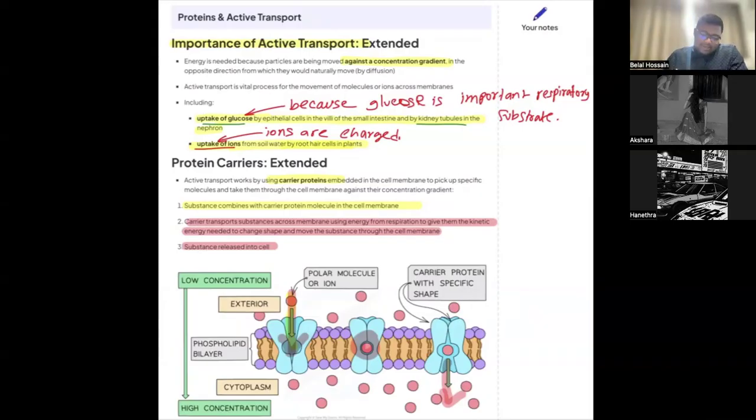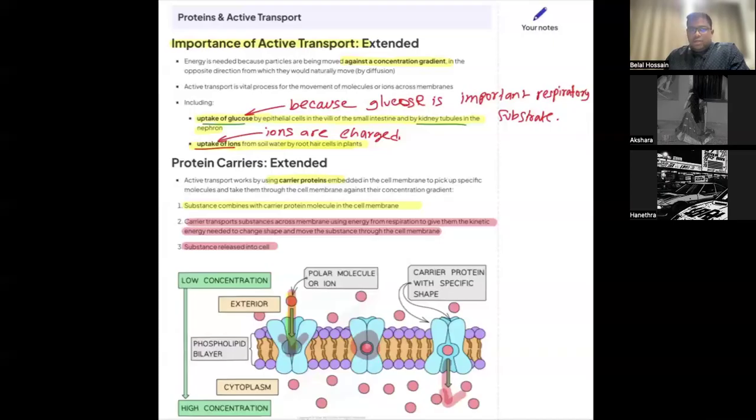For osmosis, for water, you cannot use concentration. You have to talk about water potential. Remember, high water potential equals low solute concentration, and low water potential equals high solute concentration.